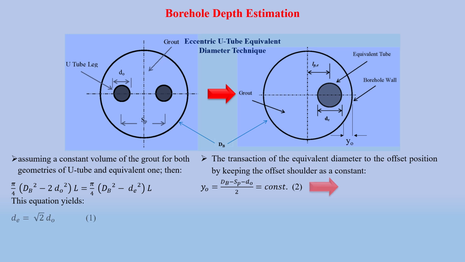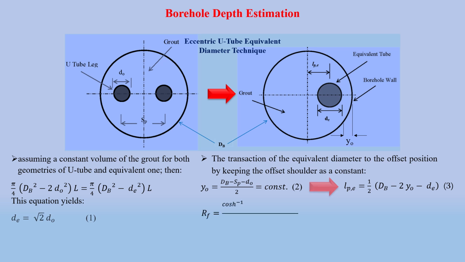If we use it to present the value of L sub PE, which represents the distance between the center of the equivalent tube and the center of the borehole, it can be obtained in the form L sub PE equal to half times d sub b minus 2 u naught minus the equivalent, which is represented by equation number 3.